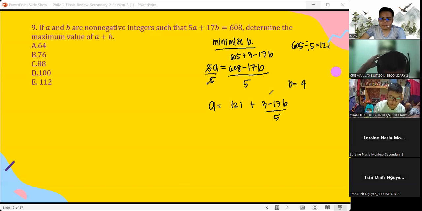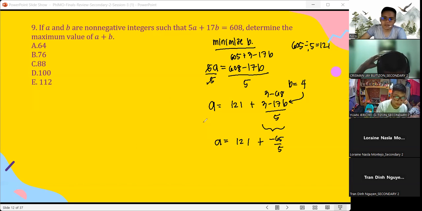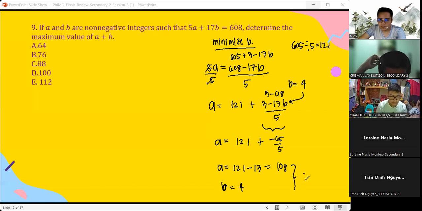So this one will become 3 minus 68, which is minus 65 over 5. So 65 divided by 5 is 13. A here is 121 minus 13, so you'll get 108. The value for b is 4. So 108 plus 4. So the answer is 112.